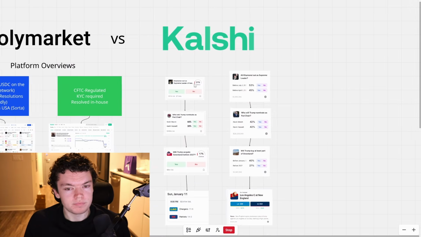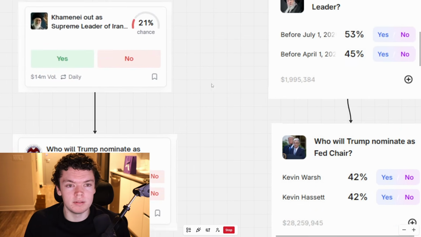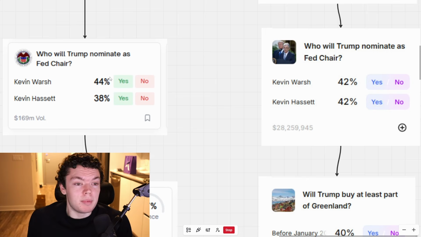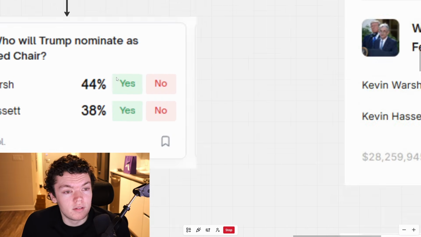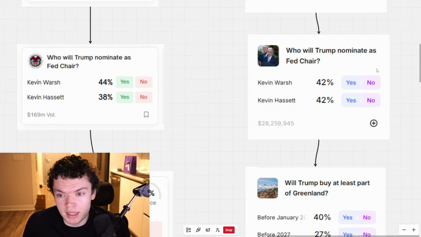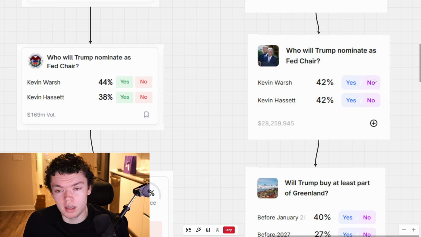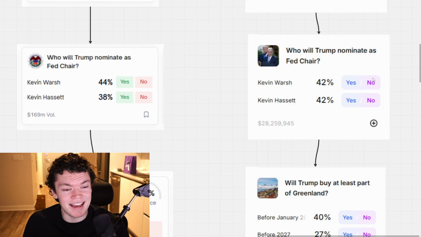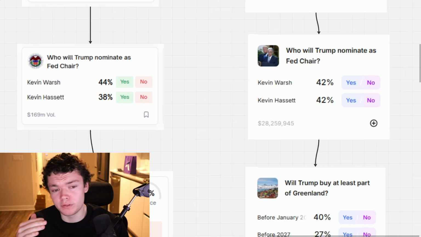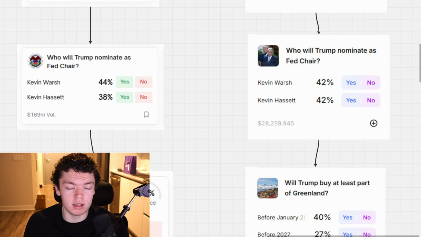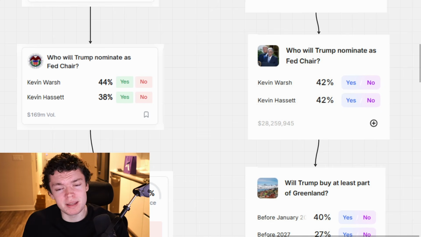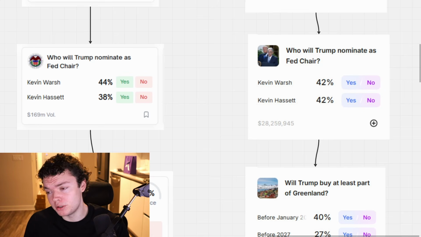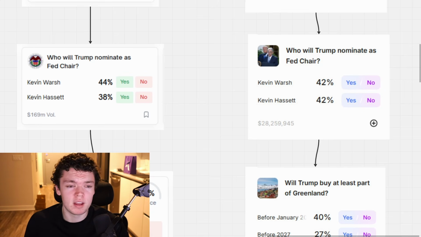So, for example, let's say you buy yes for who will Trump nominate on this one, and then you buy no on this one. As long as the prices combined add up to less than $1 after fees, then you will be guaranteed to make money because you exploited the mispriced market, so it became an arbitrage opportunity available to you.